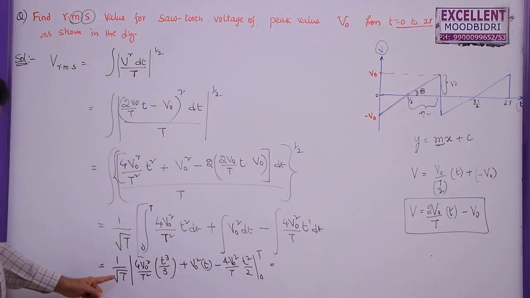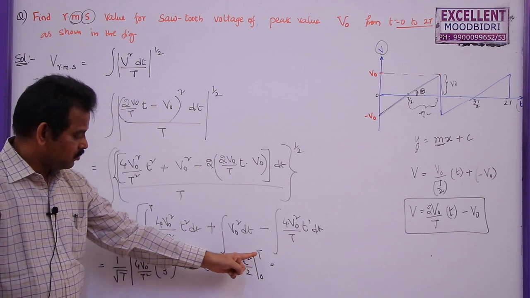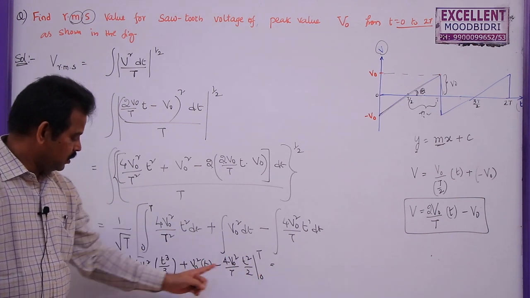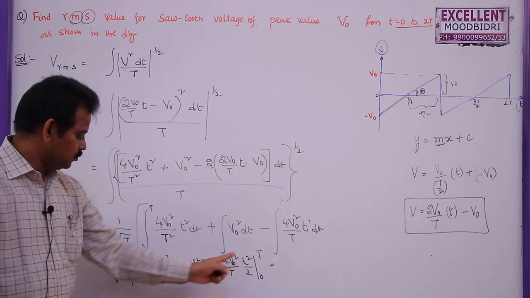Now I am going to substitute these values here. In place of small t, I substitute capital T and then minus 0. So 0 is not required, just substitute this value.